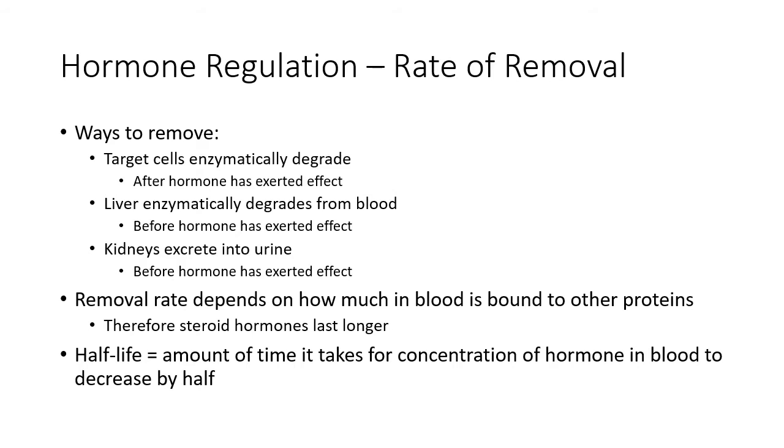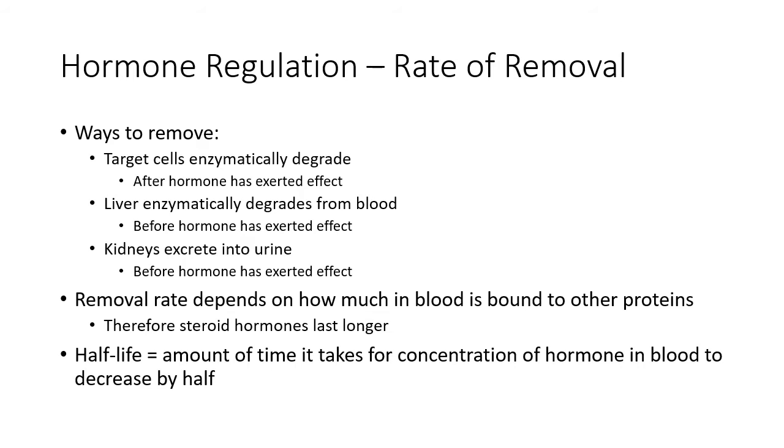How quickly hormones are removed from the blood depends on if they're a peptide hormone or a steroid hormone. Your steroid hormones can't be excreted into the urine and they can't be enzymatically degraded if they're attached to their transport proteins. So they have to let go of the transport protein before they can have an effect or be removed from the blood.